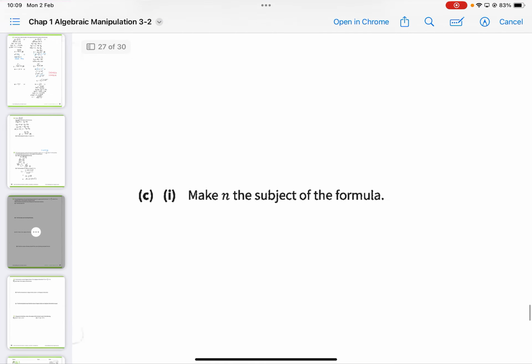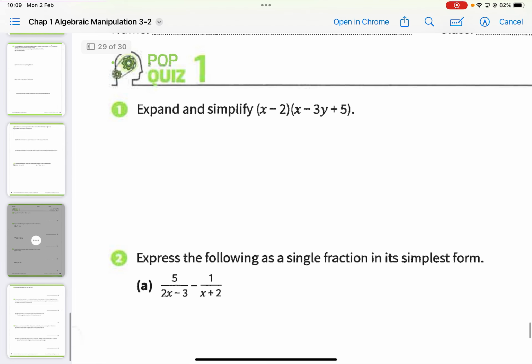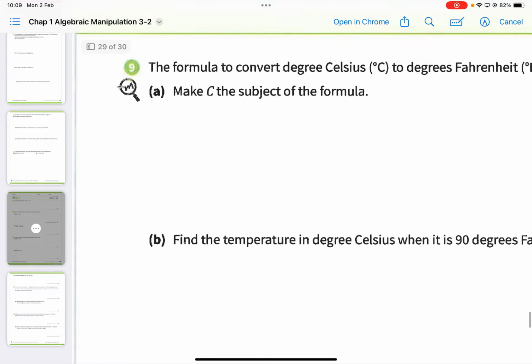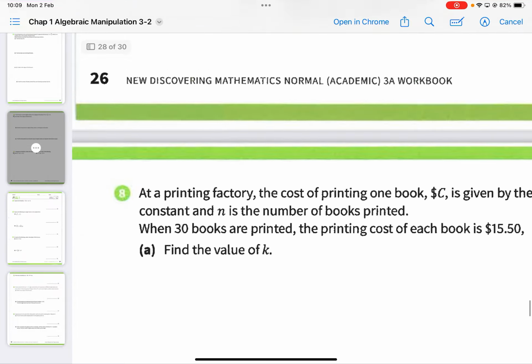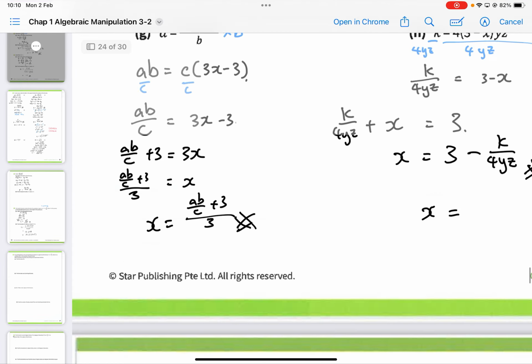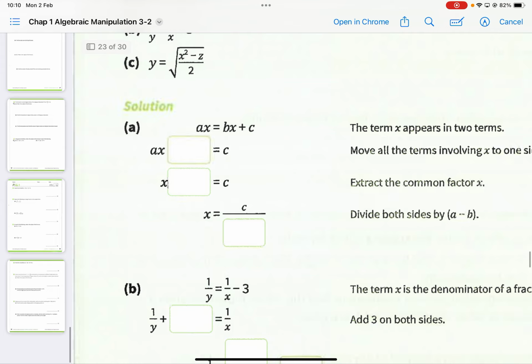Okay, question 8. You all try as homework. Let us continue. Hey, we finished chapter 1 already. Huh? Toilet. Yes. Hey, we finished chapter 1 already. Hey, never mind.